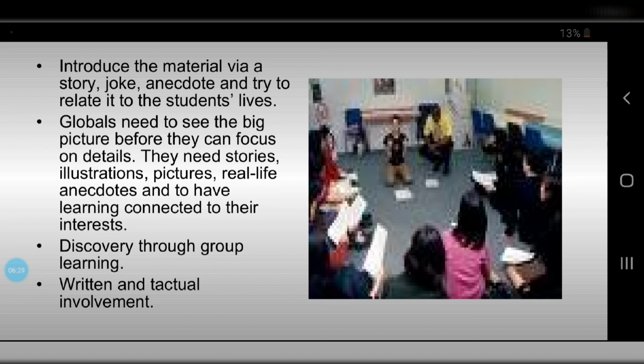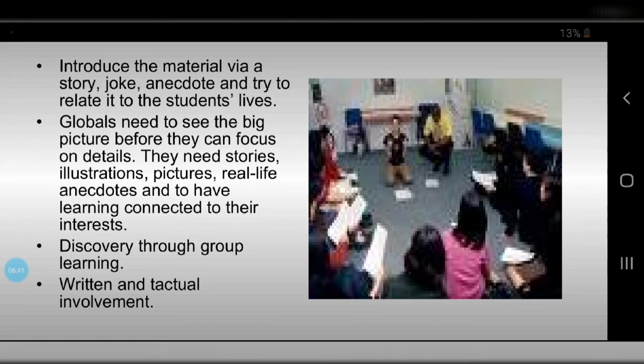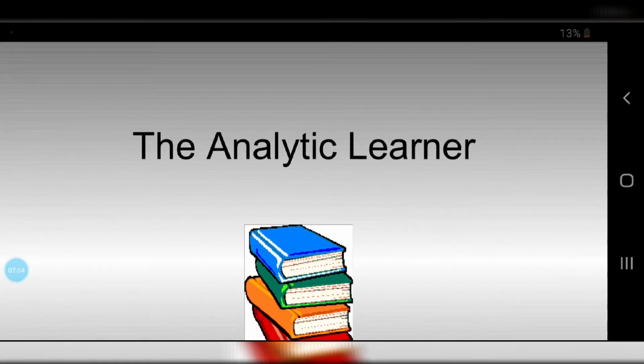They need stories, illustrations, pictures, real-life anecdotes, and to have learning connected to their interests. Another strategy is discovery through group learning. They want group activities, and also written and tactile involvement.